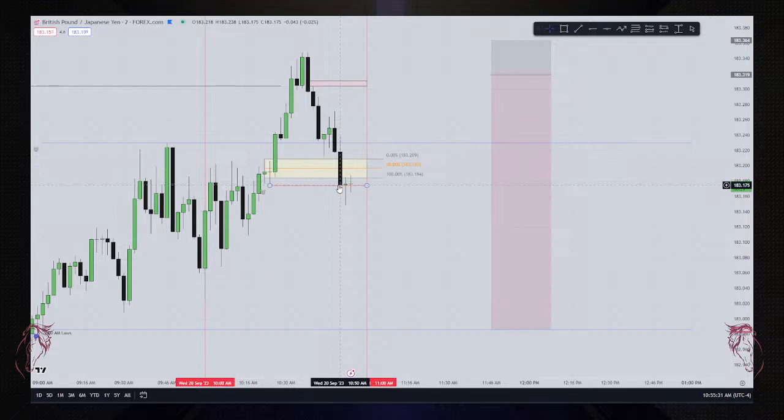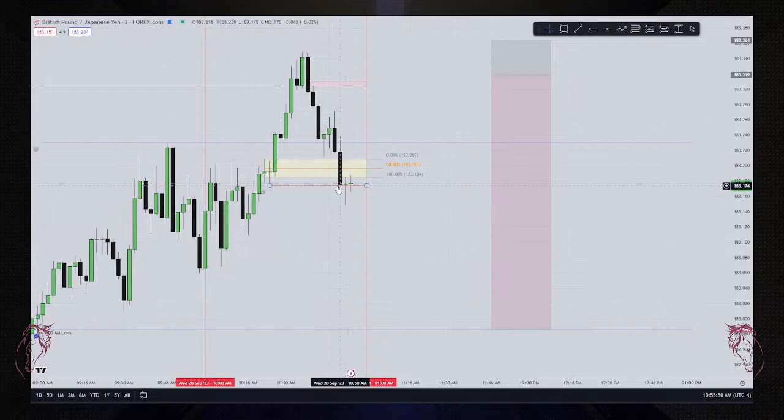So in that case, I just wait patiently and see if there is a setup. We could see price pulled back, created this FVG right here, pulled back into it, continued going lower, and swept these lows with a very weak bullish candle.